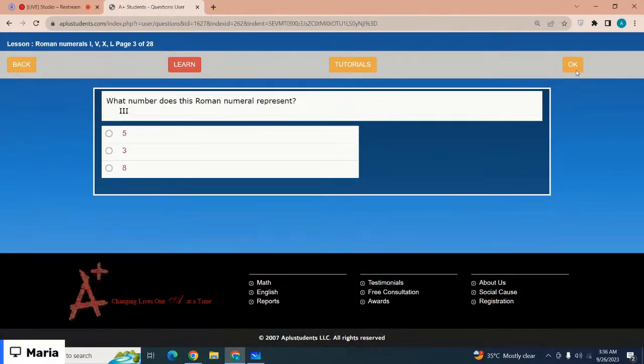What number does this Roman numeral represent? So which is the correct option? Yes, that is 3. The correct option is the second one, right? What number does this Roman numeral represent? Obviously, that would be 1, right?